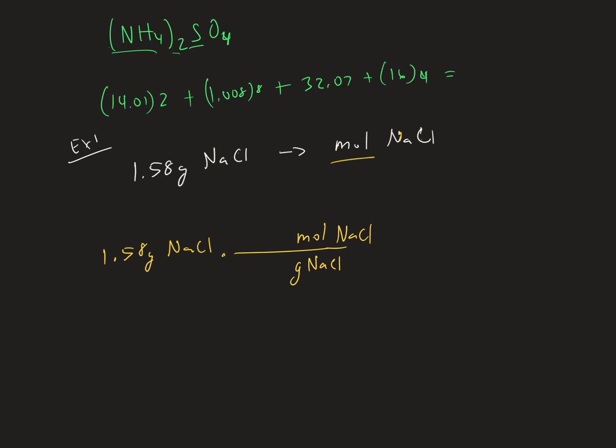So we have to find the molar mass of salt. 22.99, is that right? Don't memorize these. Plus chlorine is 35.45. We use them all the time. And so we get 58.44 grams per mole.